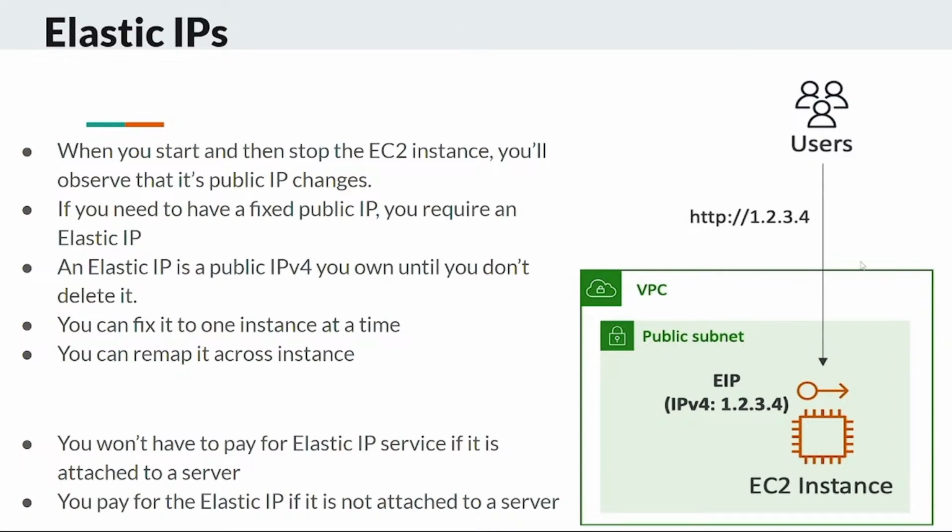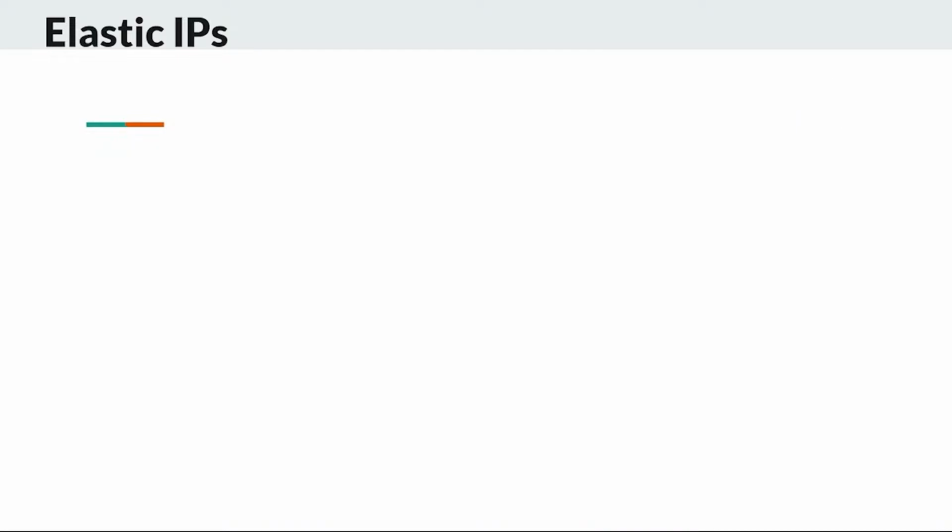Suppose you are a user, and elastic IP gives you a fixed IPv4 address, and using that IPv4 address you can connect to your instance again and again, in the public subnet. That will be your own IPv4 address until you delete it.